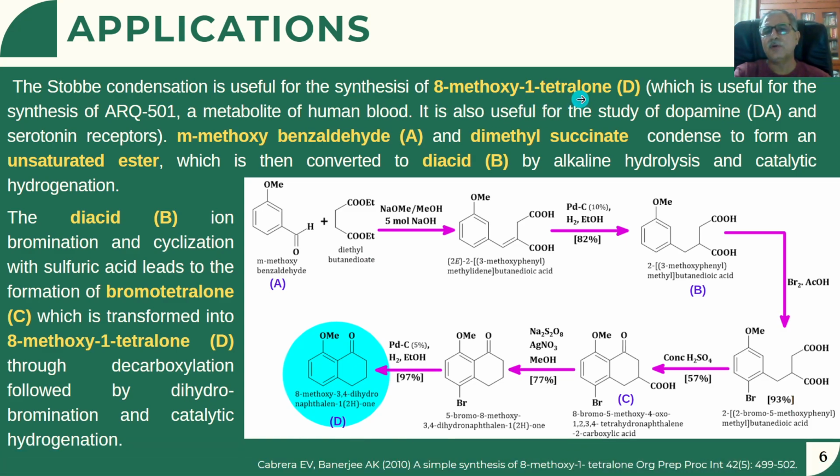This 8-methoxy 1-tetralone is useful in the synthesis of AARQ 501, which is a metabolite of human blood, and this compound is also useful for the study of dopamine and serotonin receptors.